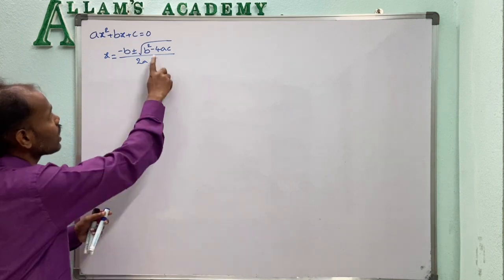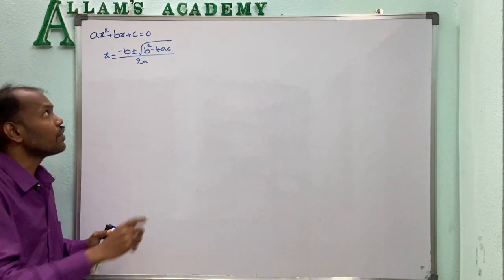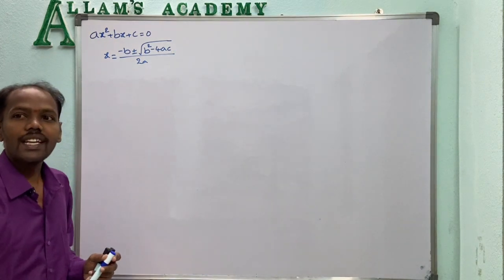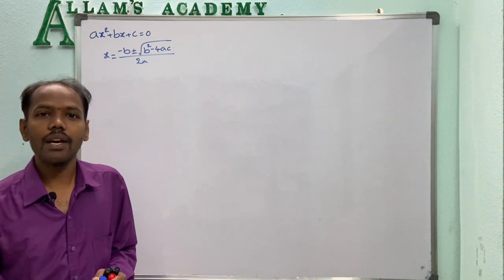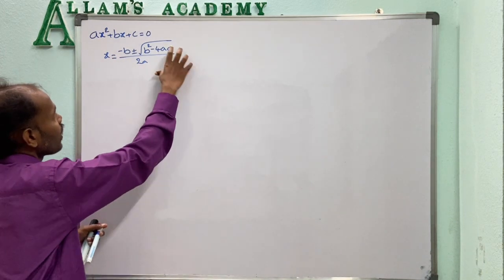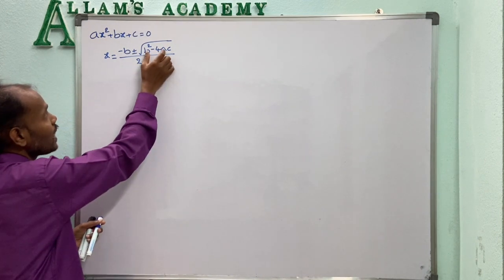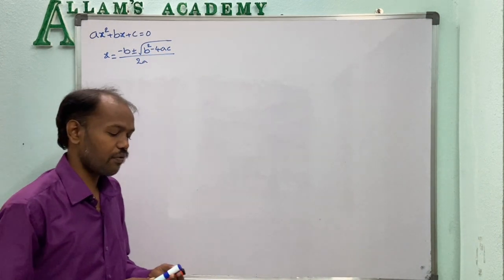If it is equal to 0, then the answer is just minus b by 2a. If it is greater than 0, then it has a square root.